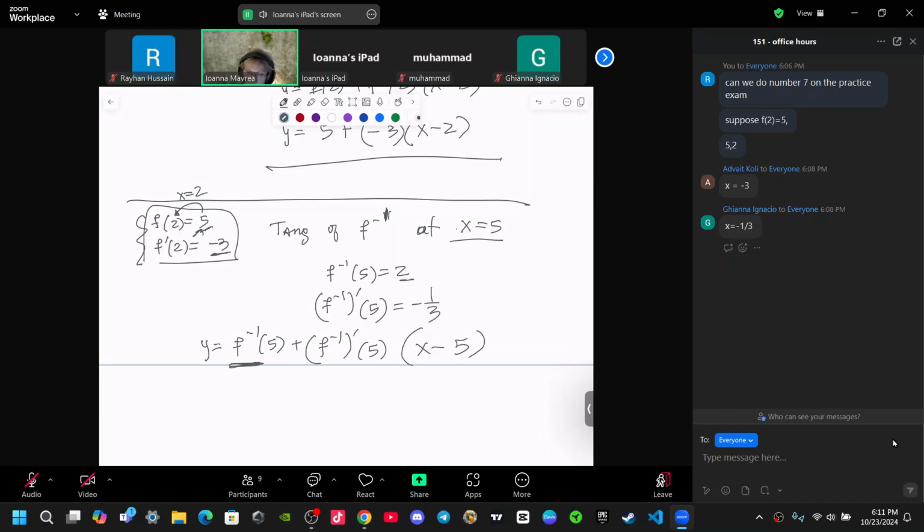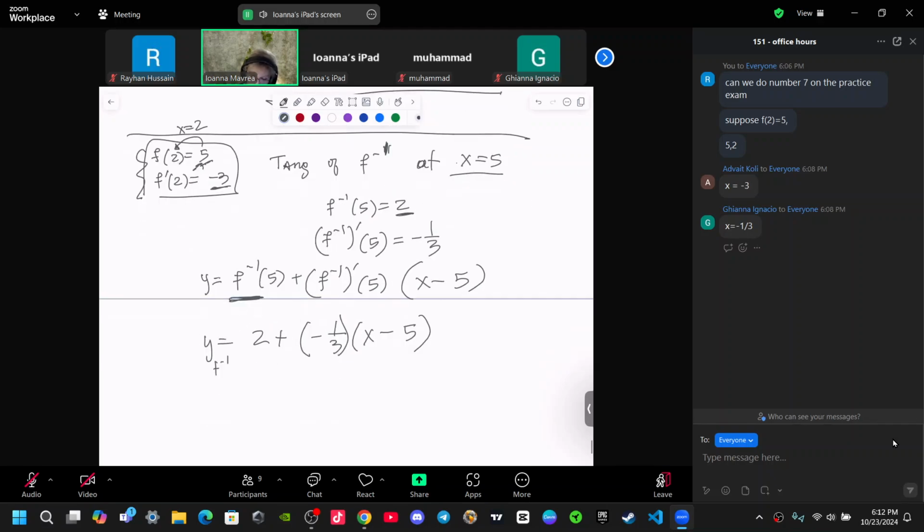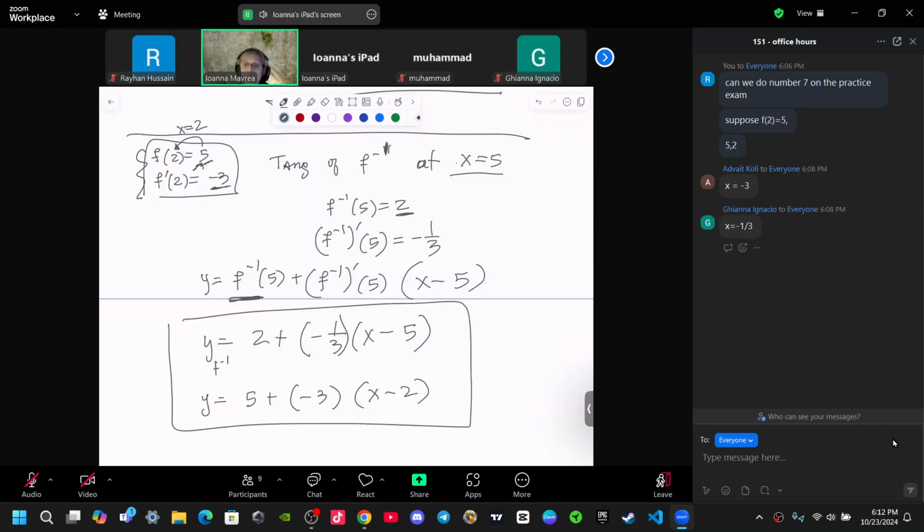So this 2 is the x coordinate for the original function, right? And for this one we got the reciprocal of that. And then x minus 5. So if you look at the inverse and you look at the tangent for the original function, if you have one, you should immediately be able to write the other, right?